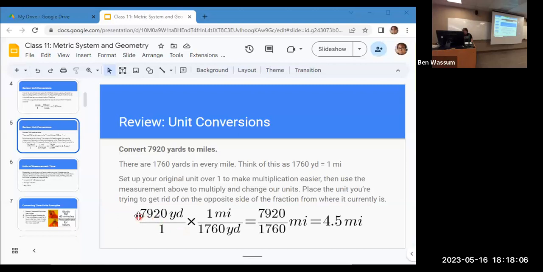And you do your multiplication. The yards would cancel out, so the only unit you'd have left is miles. You'd have this times 1 over 1 times that. So you end up with this thing. You can either break it down as a fraction or do division and get a decimal out of it. In this case, decimal works perfectly fine. It's 4.5 miles. And you call it good.